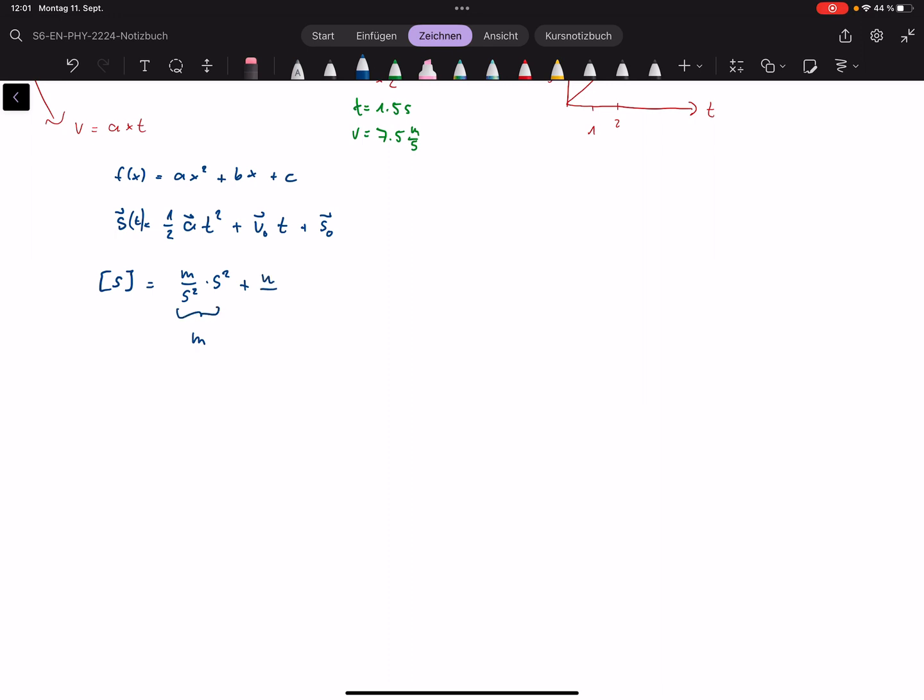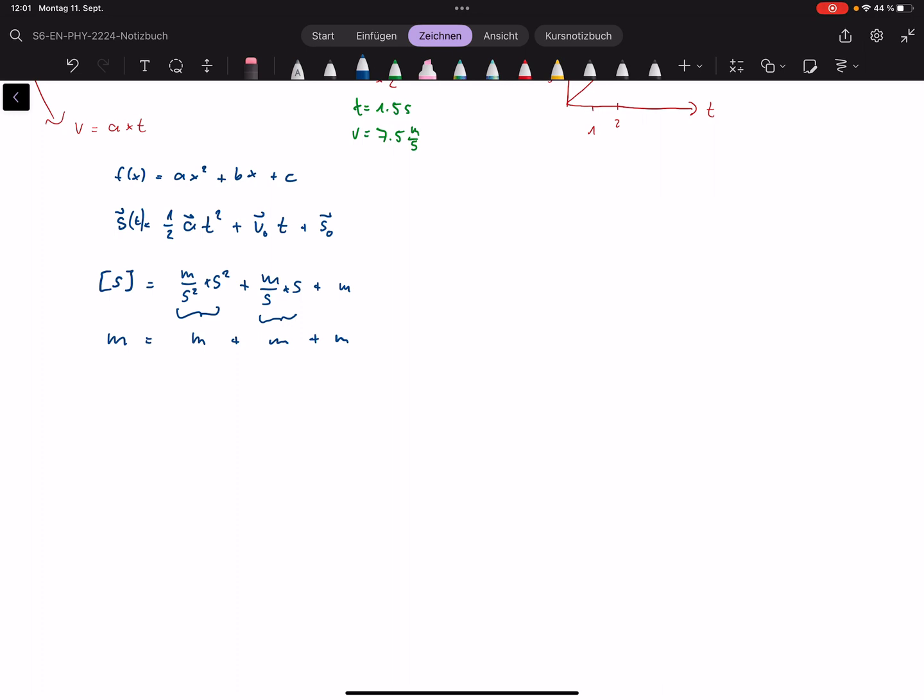Here we have meters per second times second, so again that's meters, and here we have meters. So meters is meters plus meters plus meters.